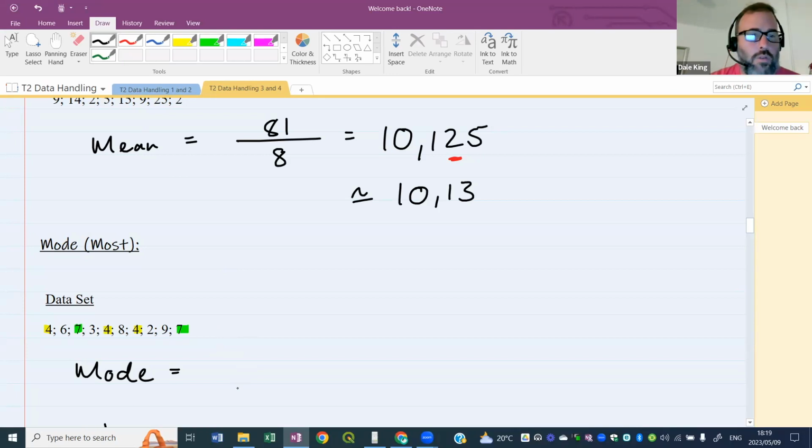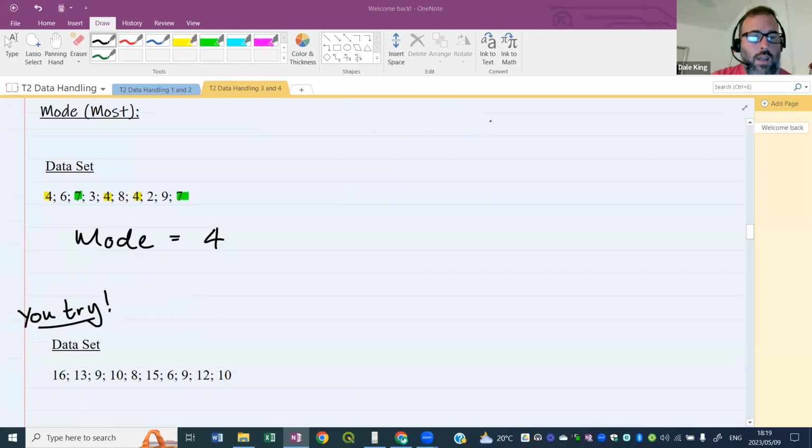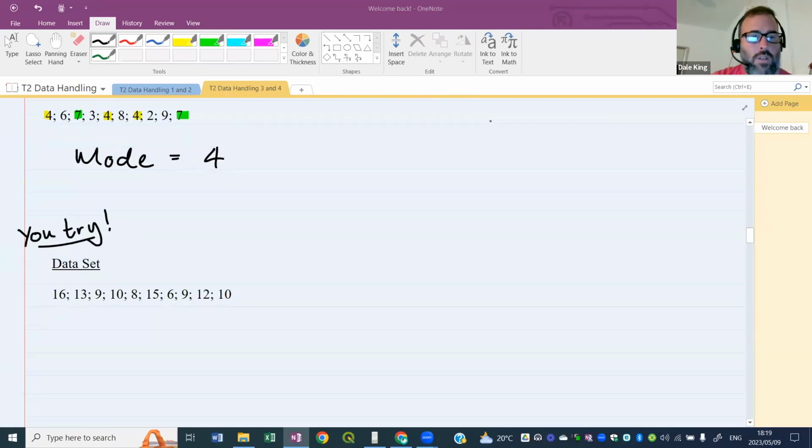There are 3 4s and there are only 2 7s. So the mode in this data set is 4. Yes, I'm sure you guys all saw it. The mode is 4 in this data set. Okay. You try. There's a data set for you. Shouldn't take you long. What is the mode in this data set?